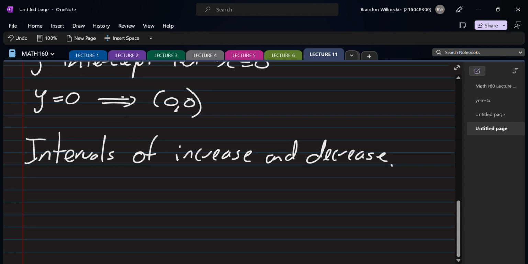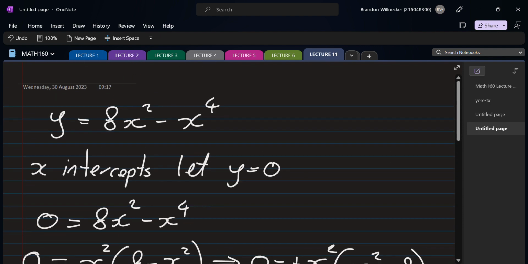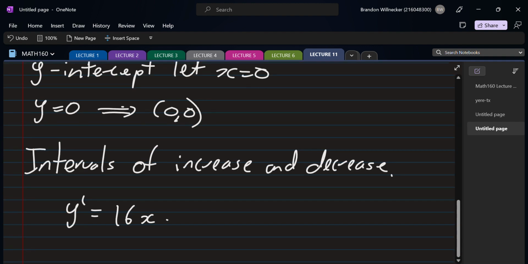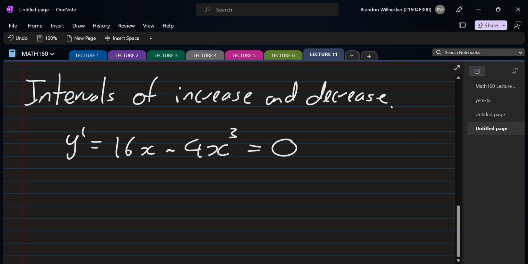We take the derivative and set it to 0. So y prime, looking back here, 8x squared minus x to the 4, is going to be 16x minus 4x cubed, and that must be 0. We need to factor, because we want to solve for x. Like with the previous one, it's best to divide by 4 to make things easier for ourselves.